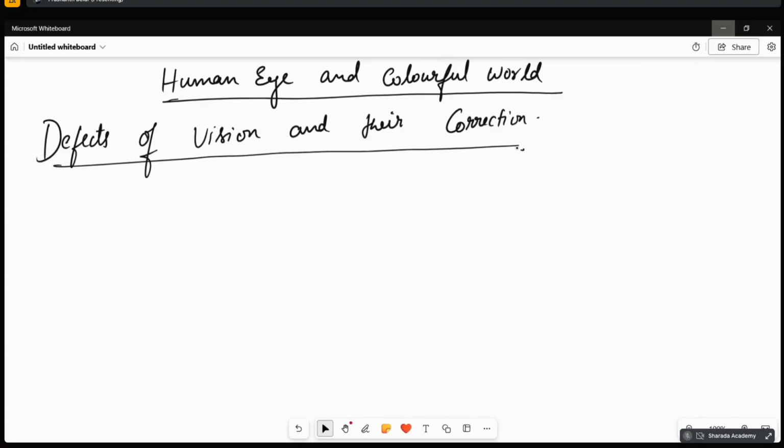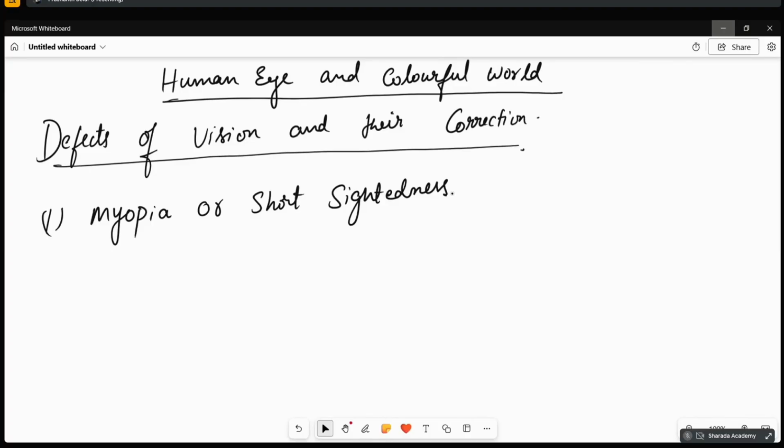So what are the defects? One is myopia, the other one is hypermetropia, the third one is presbyopia. First one, the main defects. First one is myopia, or we call it short-sightedness.